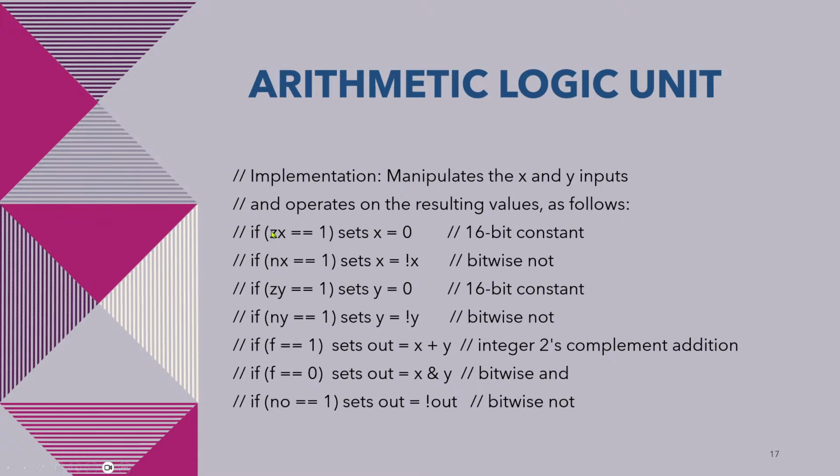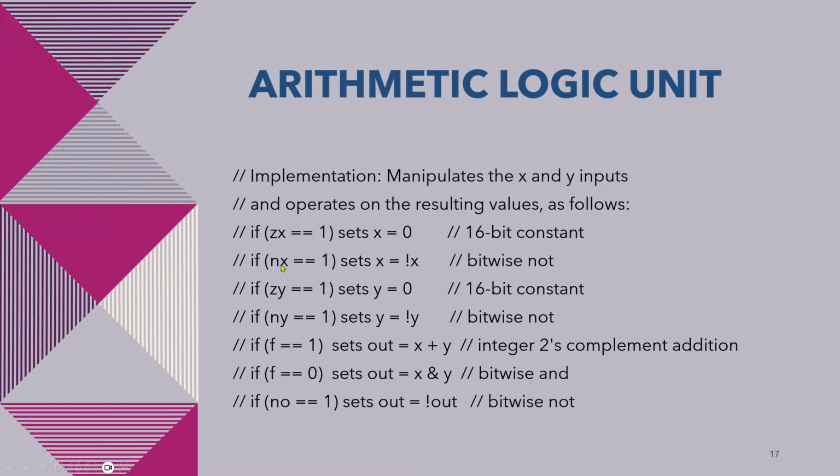For example, if zx is equal to 1, then it sets the input x to 0. And so x is going to be set to a constant 16-bit value where all the bits are 0. If nx is equal to 1, then it sets x equal to not x.